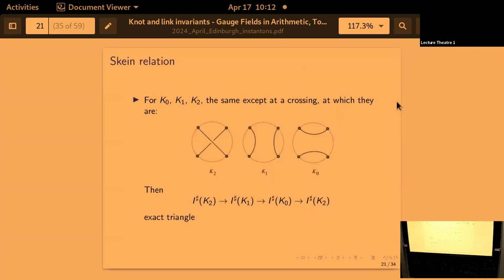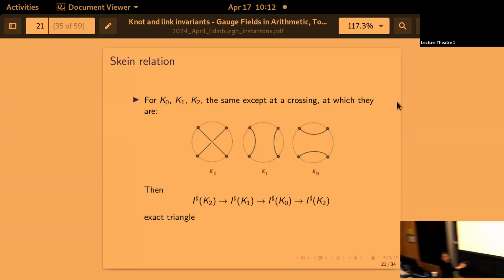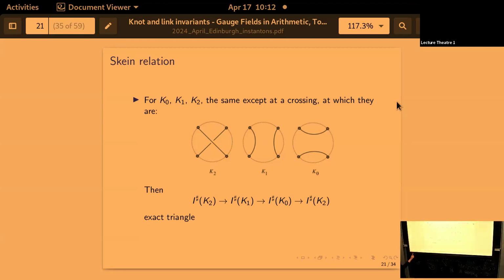Then it turns out that the instanton Floer homology satisfies what's called a skein relation, which is that if you have 3 links that are the same outside of a ball, and in the ball, they differ like this.